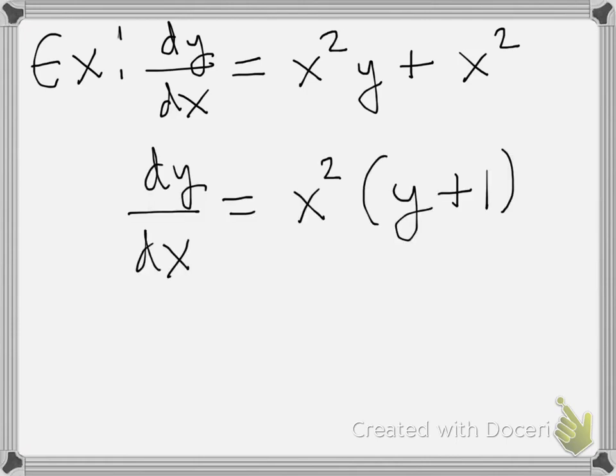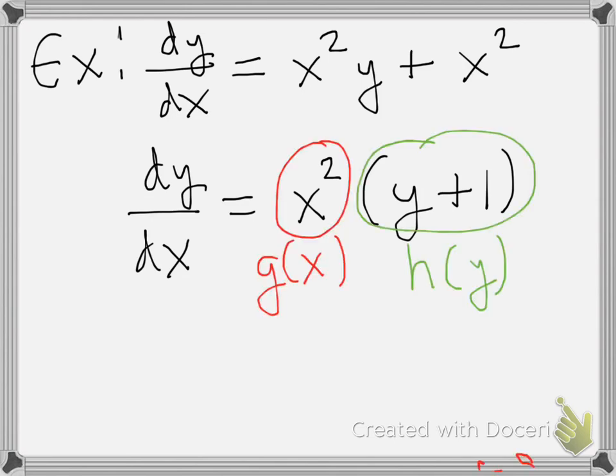In this case, we see that the answer is yes, because if we factor an x squared out of the function on the right-hand side, we can rewrite the differential equation as dy dx equals x squared times y plus 1. So we see that the x squared function could be considered the g of x, and the y plus 1 function could be considered the h of y.